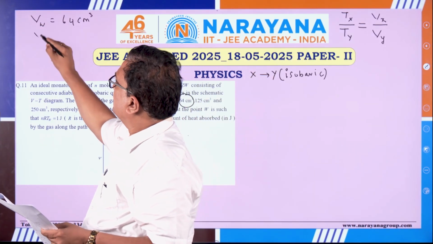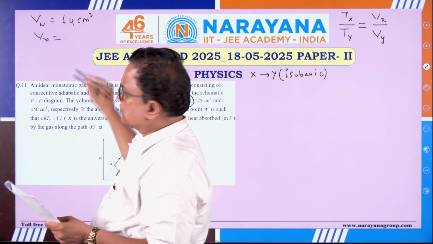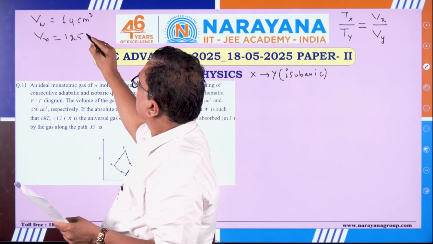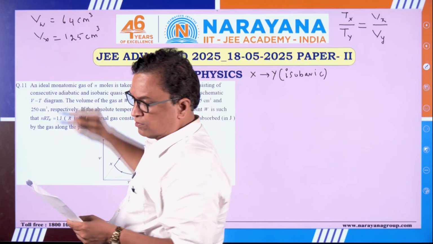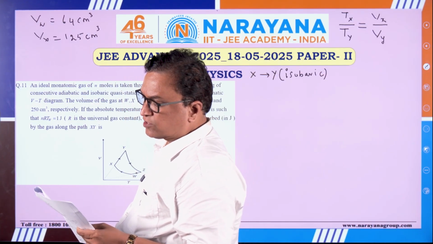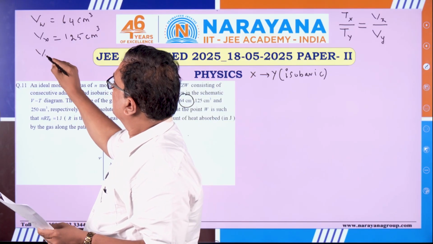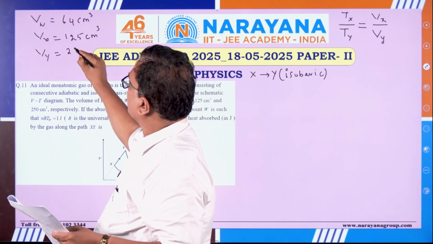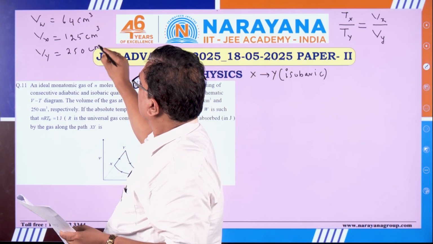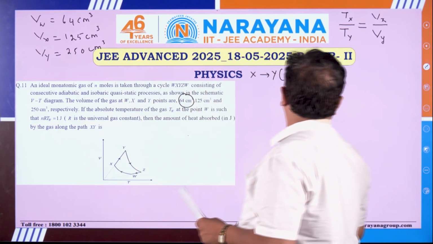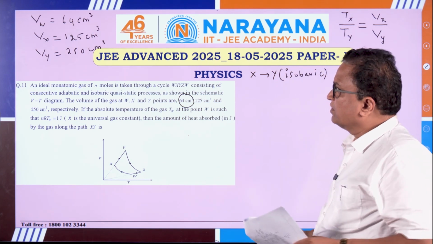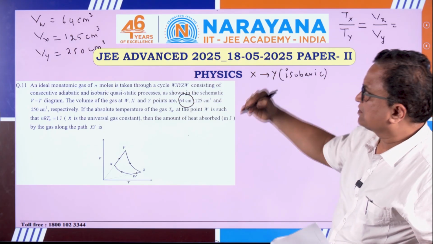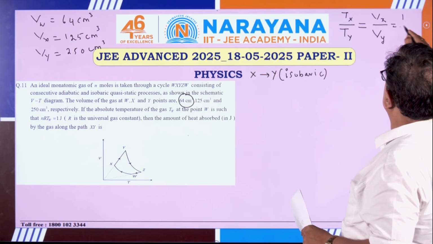Vx is also given, which is 125 centimeter cube. Vy is also given, which is 250 centimeter cube. Remember, Vx and Vy are given. We have Vx by Vy here, so you can write it as Vx by Vy equal to 1:2.